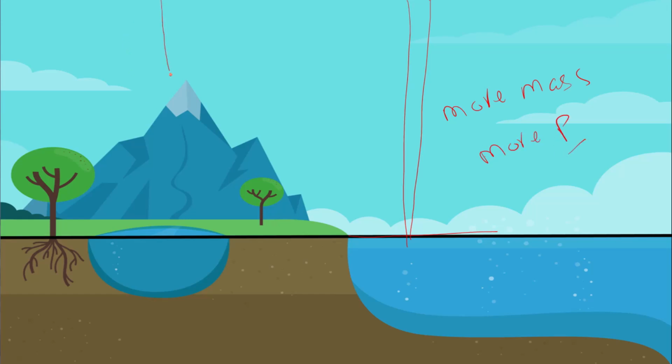At higher altitude, a shorter air column means less mass, less pressure. So as we go up, the air column gets shorter, the weight of the air column decreases, and the pressure decreases.